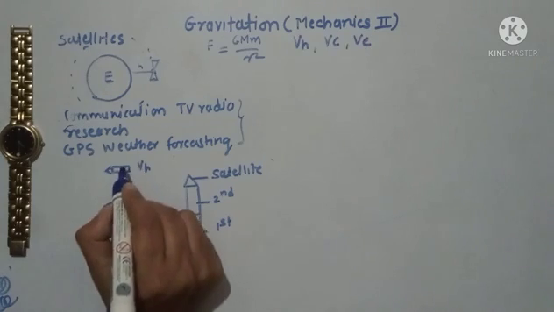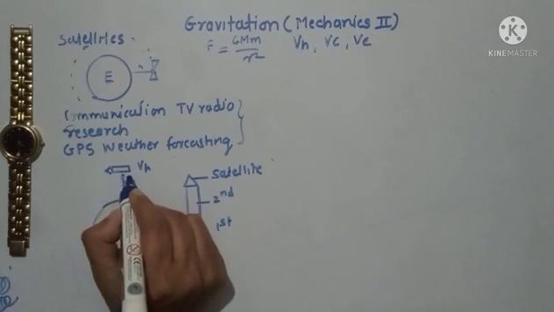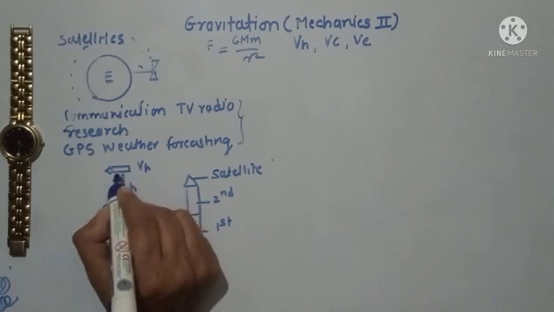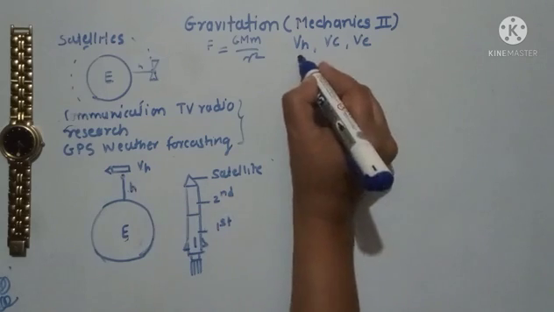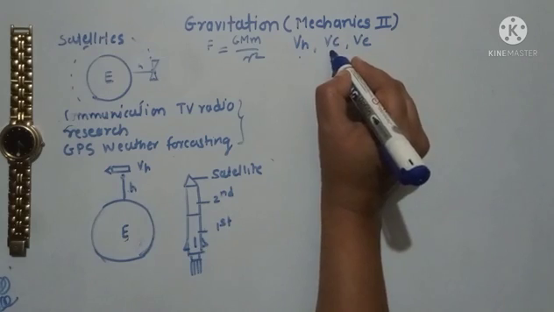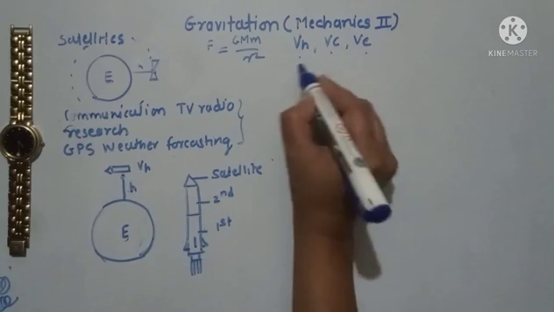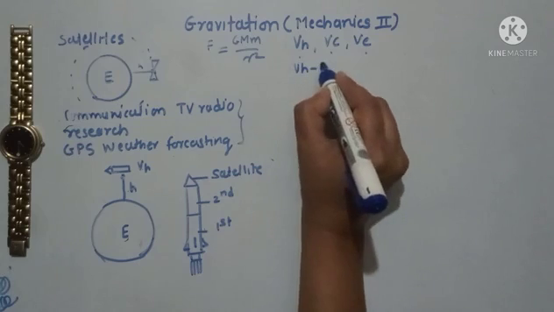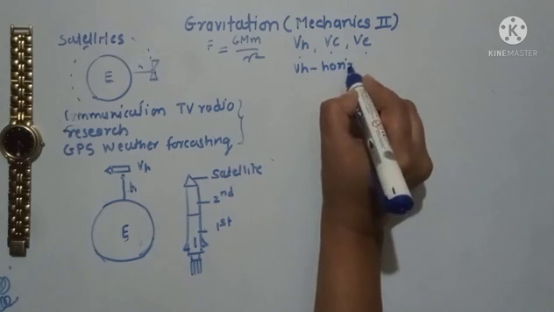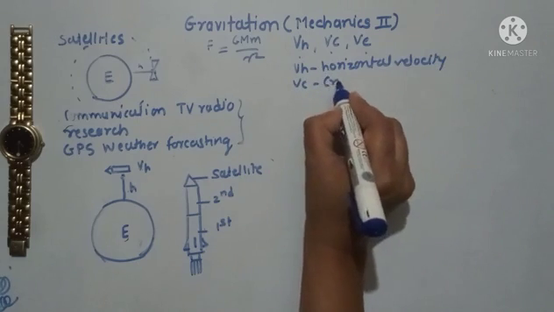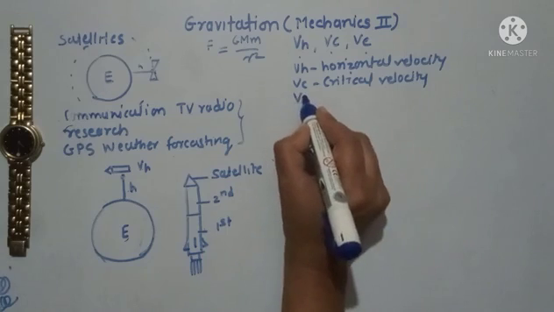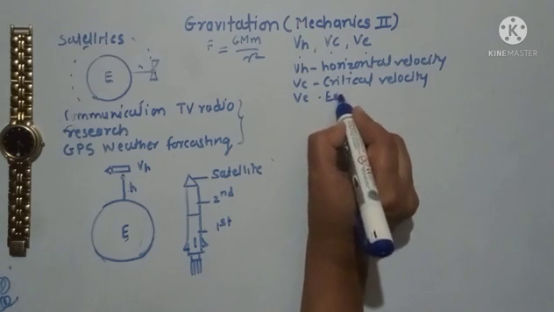When the second stage of the rocket is burned, the rocket will have some horizontal velocity, let's call it Vh. There are two other velocities, Vc and Ve. Let Vh be the horizontal velocity, Vc the critical velocity, and Ve the escape velocity.